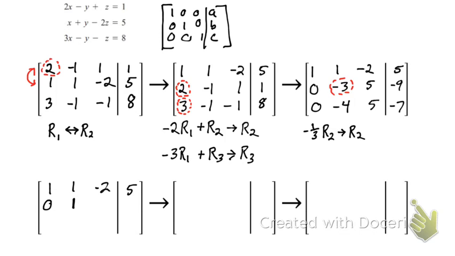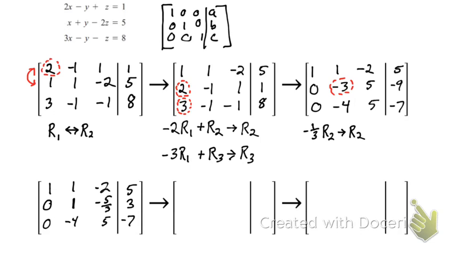That's what we needed. 5 times a negative 1/3 is a negative 5/3. And finally, negative 9 times a negative 1/3 is going to be a positive 3. I did nothing to that bottom row, so that remains 0, negative 4, 5, negative 7.